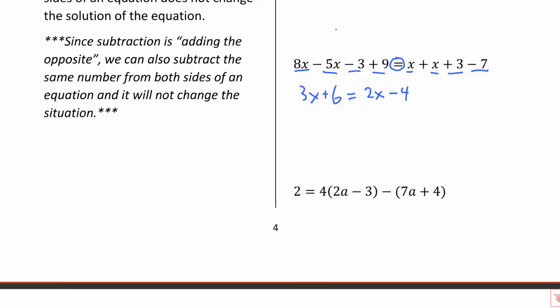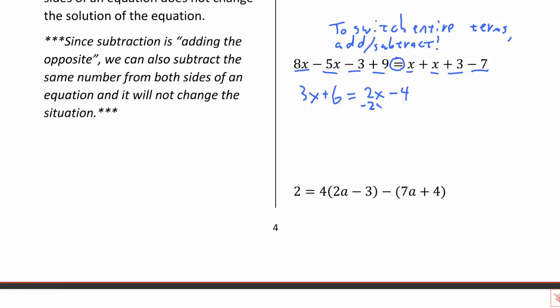Here's the thing: to switch sides, to switch entire terms, you must add or subtract. That's very important.